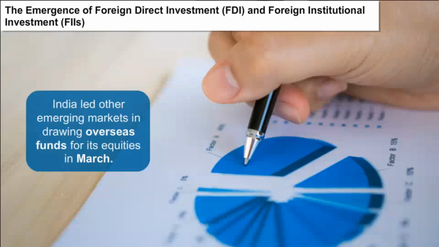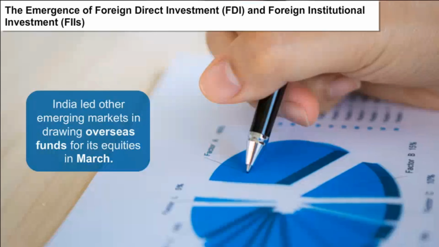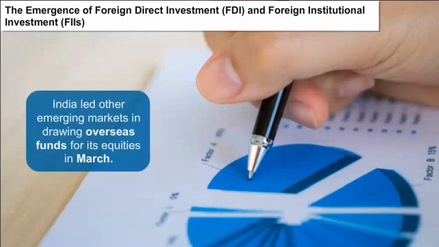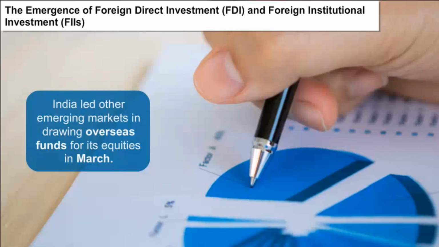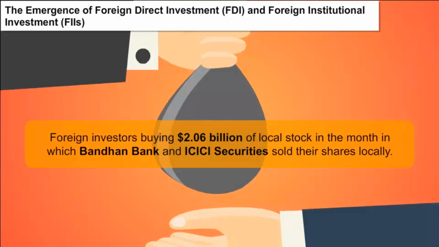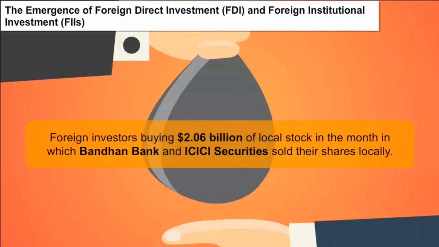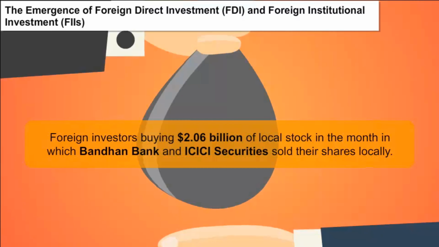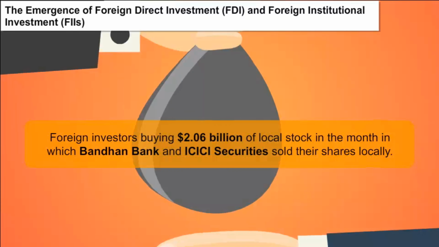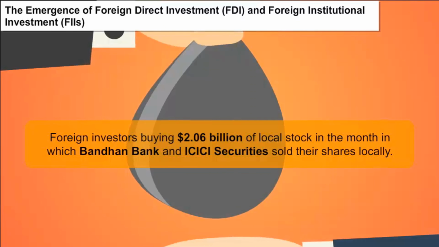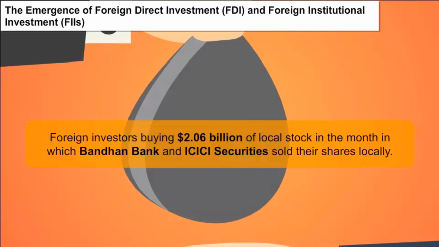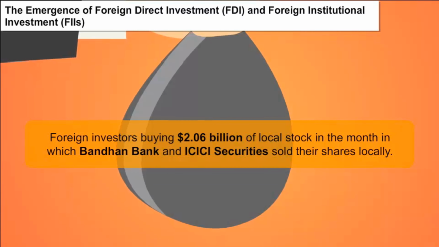India led other emerging markets in drawing overseas funds for its equities in March, with foreign investors buying $2.06 billion of local stock in the market, in which Bandhan Bank and ICICI Securities sold their shares locally for the first time.